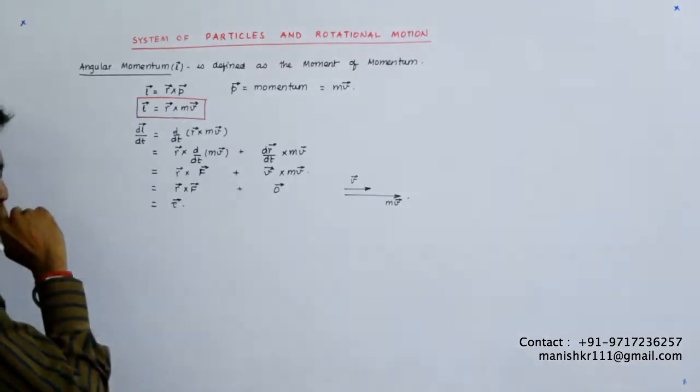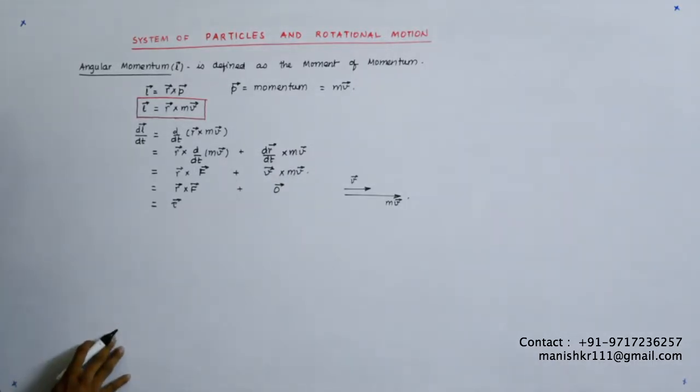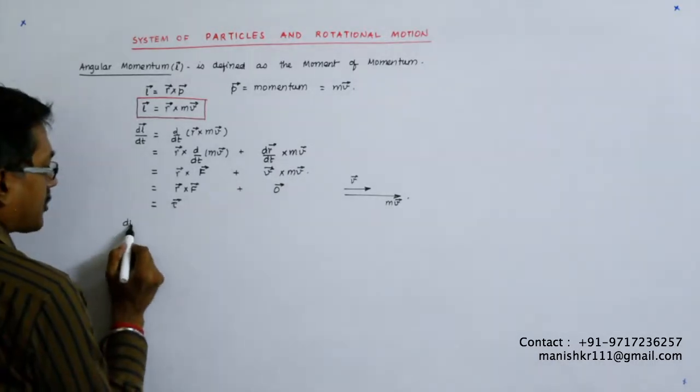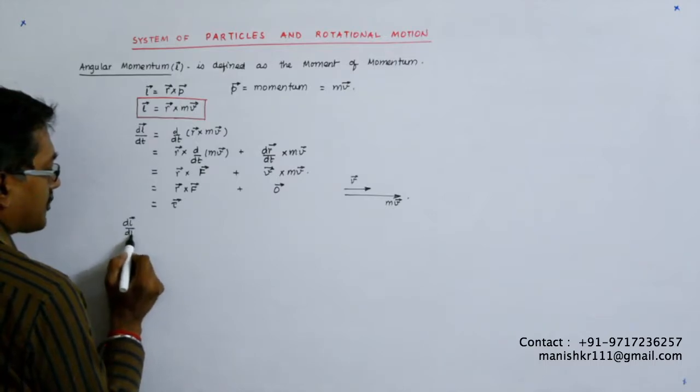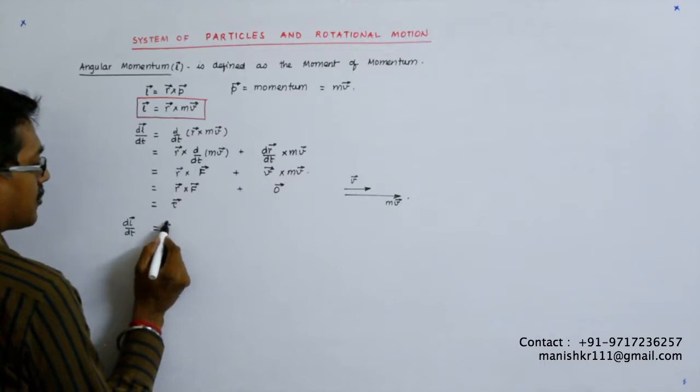This is a vector, right? It cannot be a scalar. So this is torque. So rate of change of angular momentum is equal to the torque.